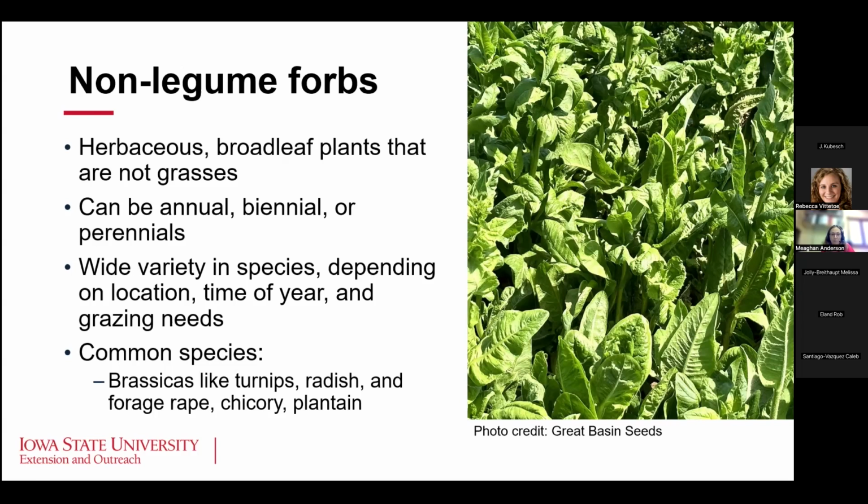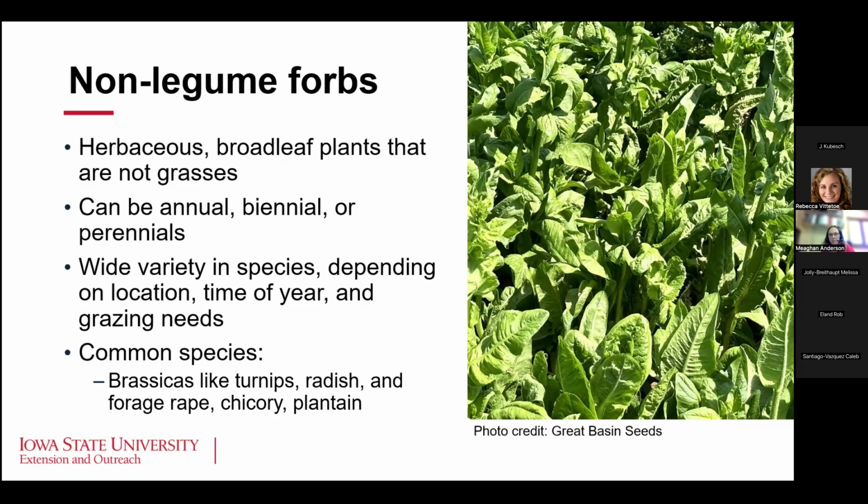They're not members of the Fabaceae family. They can be annual, biennial, or perennials. And I sort of think of these like a lot of our cover crop species, right? There's a huge variety in species that could be fed or could be grown for forage purposes, depending on your location, the time of year, what grazing needs you have.